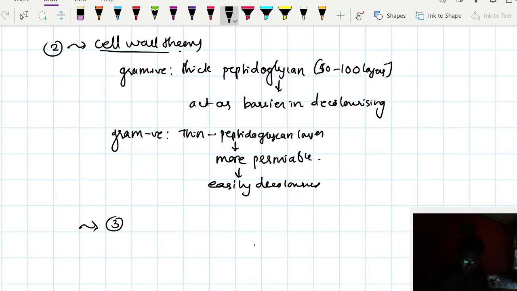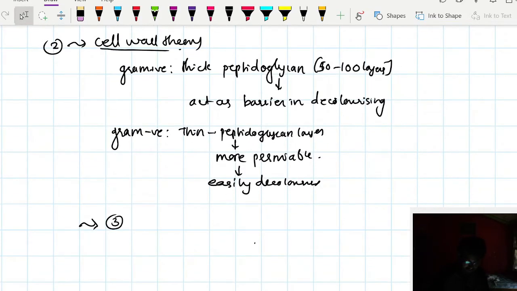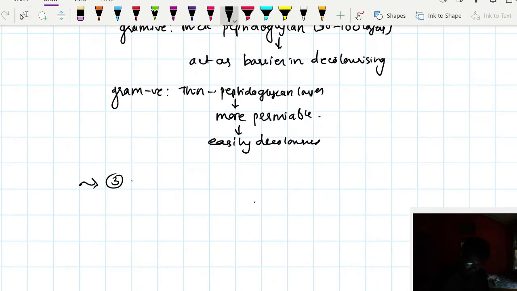Then our third theory concerned with gram staining is the lipid content theory.